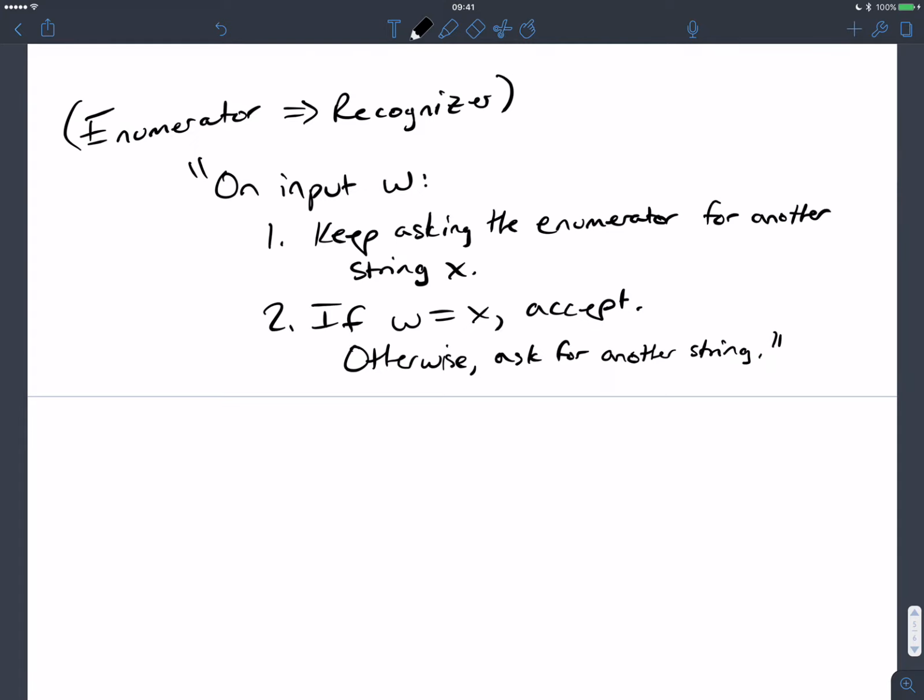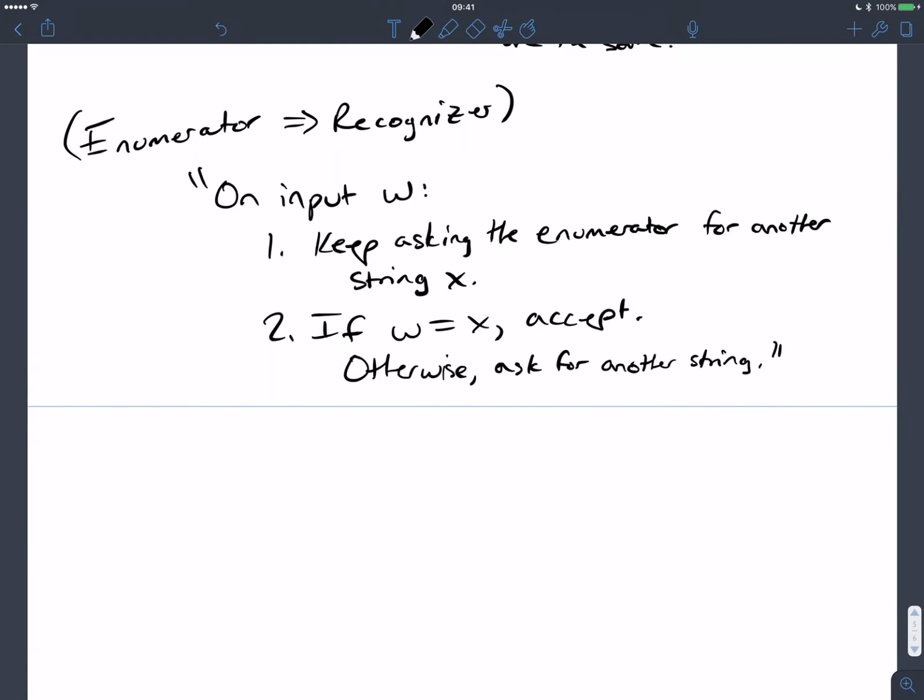Other questions? Yeah. No, I'm only going to accept if the enumerator printed out that string.